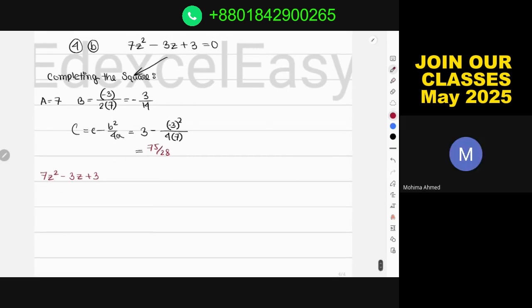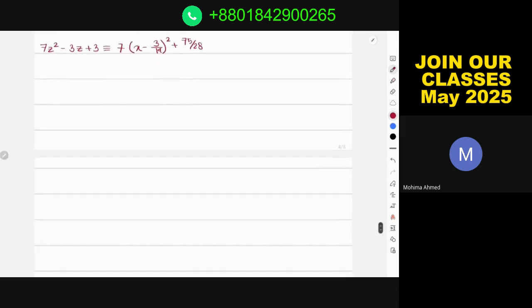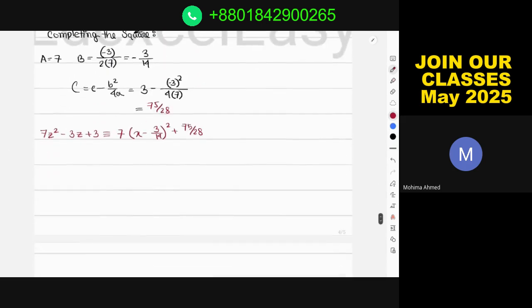Now, in this case, we are going to write this equation in the form of 7 times (z minus 3 over 14) squared plus 75 over 28. This is how the completing the square equations look. So from this part, we have 7 times (z minus 3 over 14) squared plus 75 over 28 equals 0.